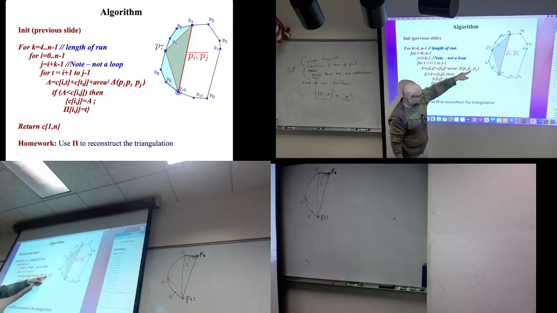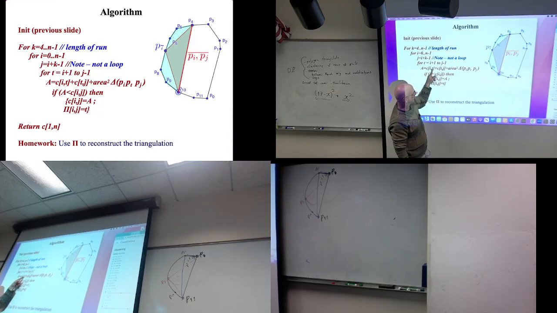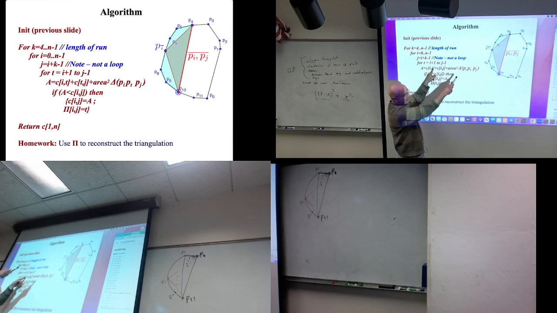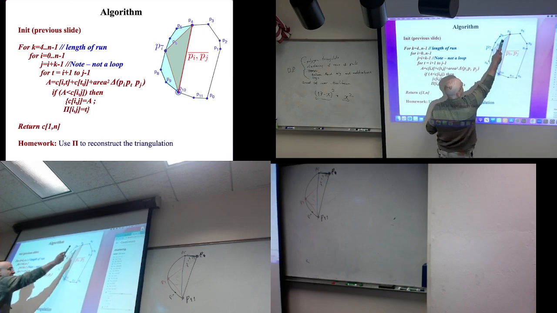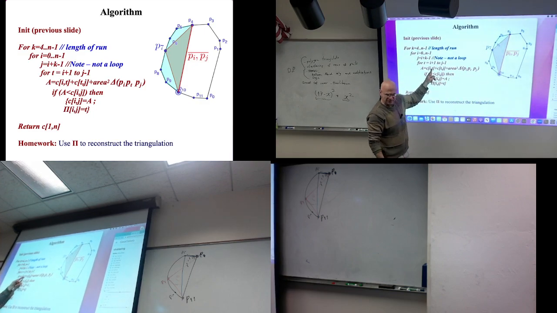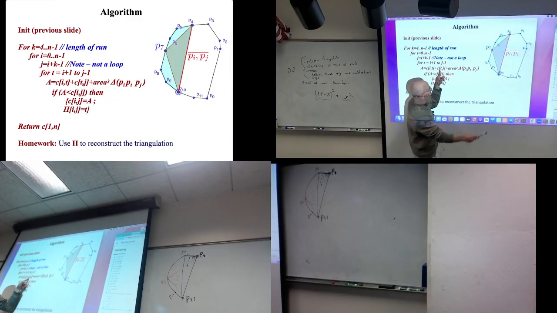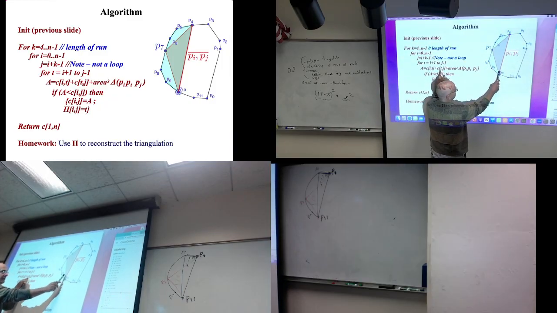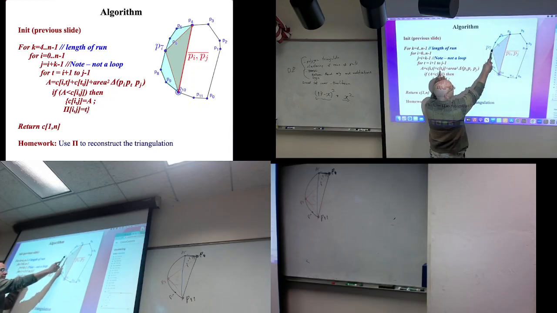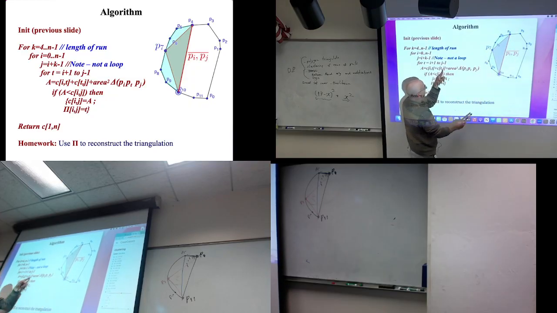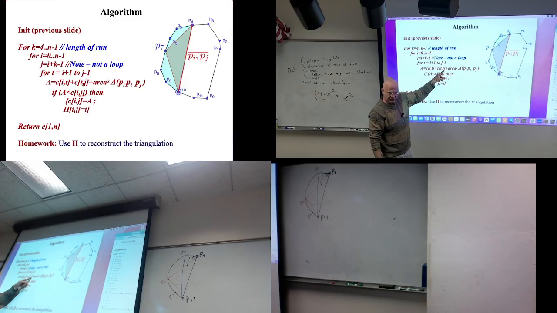You're paying for the area of this brown triangle, plus the cost of the subpolygon from i all the way up to t, the first subpolygon, again it could be just an edge, plus the cost of triangulating the subpolygon from PT all the way to PJ, the end vertex.